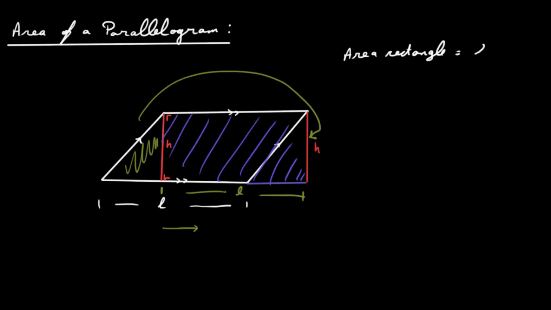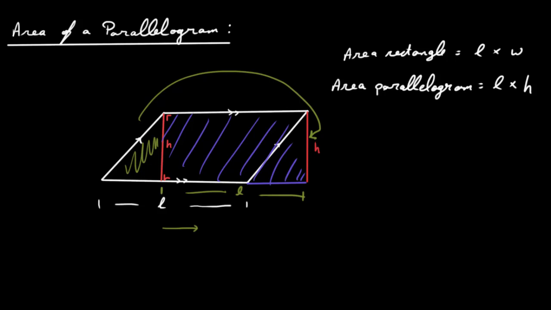The area of a rectangle is just simply length times width. Now in our case then, our length is our length, so the area of our parallelogram in our case then is just going to be the length times the height.